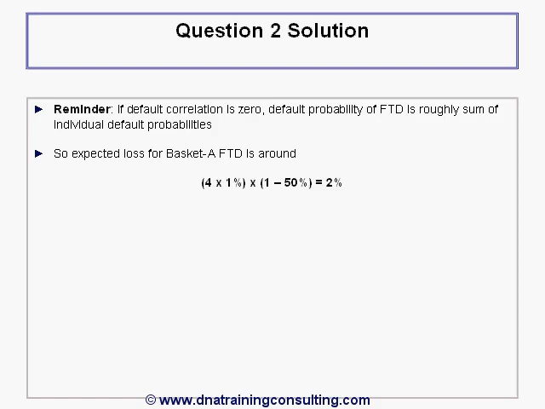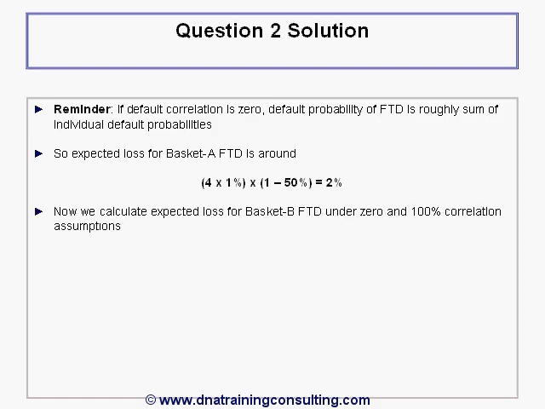Turning to the second CLN, since we do not know the default correlations for basket B, we will proceed to calculate that note's expected loss under the 2 extreme assumptions of 0 default correlation and then 100%.